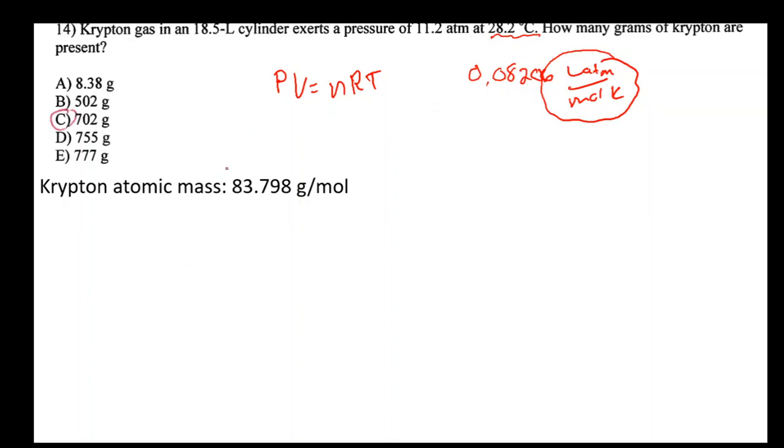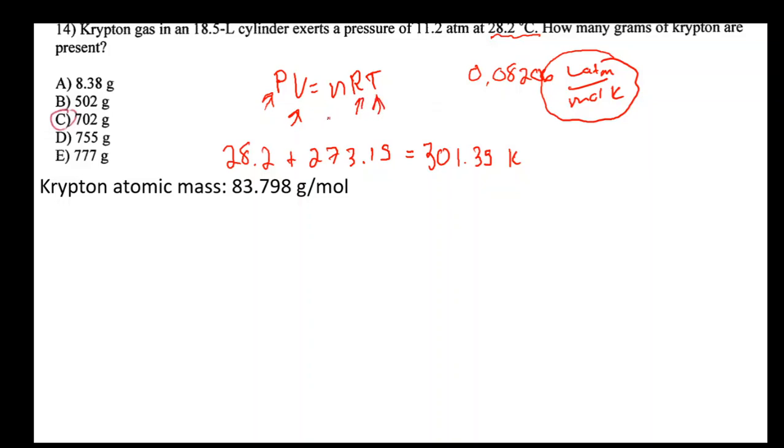To convert Celsius to Kelvin, that's just your Celsius temperature plus 273.15. That gives us 301.35 Kelvin.